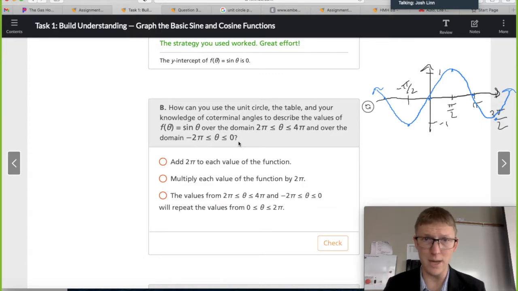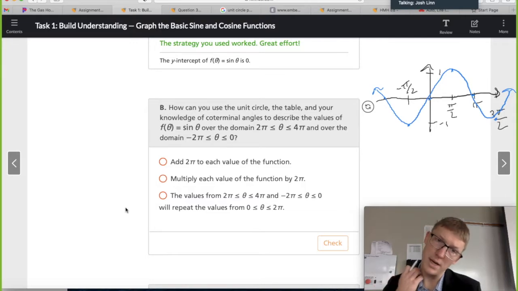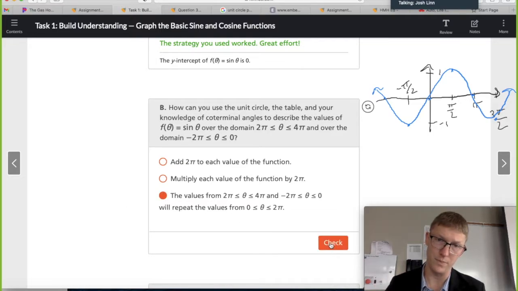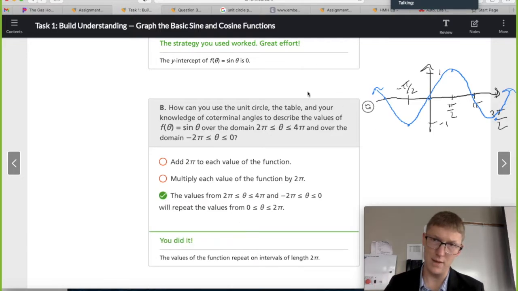So -2 pi to 0, and then 2 pi to 4 pi. The values from 2 pi to 4 pi and -2 pi to 0 will repeat the values. I think that one's it. So yeah, you're going to repeat ever so often.